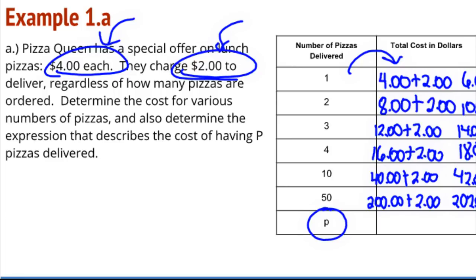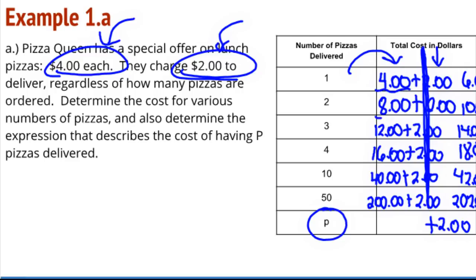So now we need to stop and ask ourselves, okay, what do I actually have happening here? Now as I look down the chart, you'll notice that I was trying to think my way through what's actually happening here. I noticed that I add $2 every time. So I'm going to add $2 on the end. That's constant. This $2 stays the same all the way through the column.